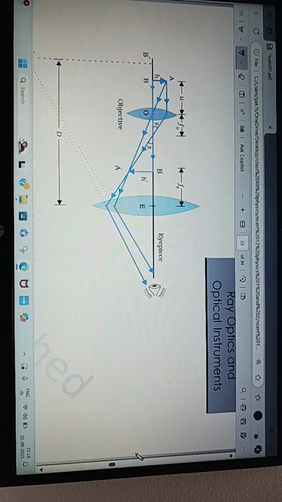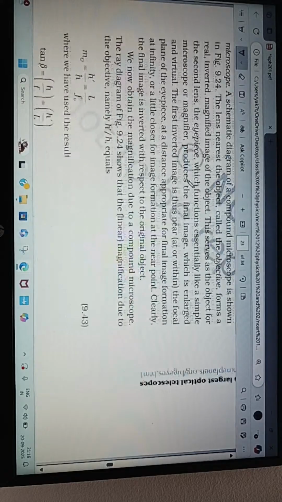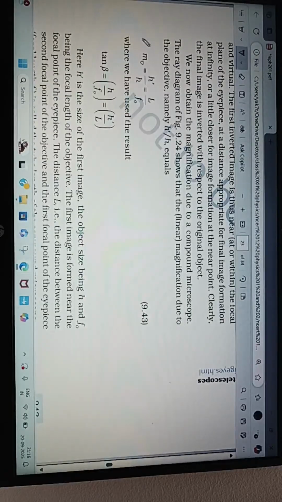First one is linear magnification, h dash by h. Second one is linear magnification, h double dash by h dash. So magnification will be this. My MO is h dash by h, linear magnification.